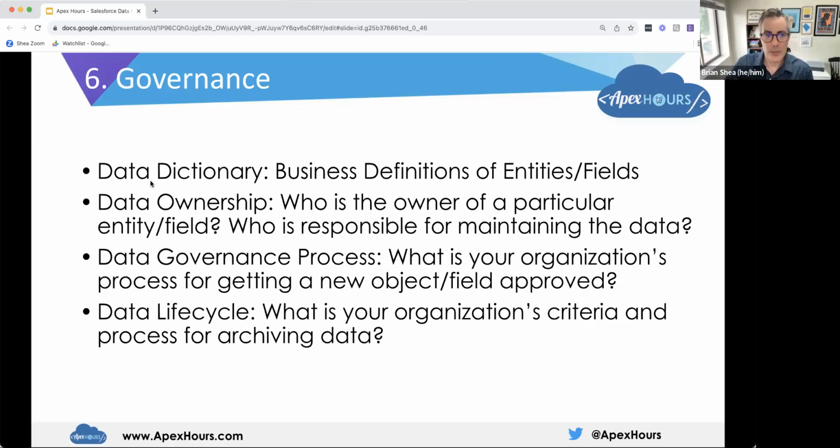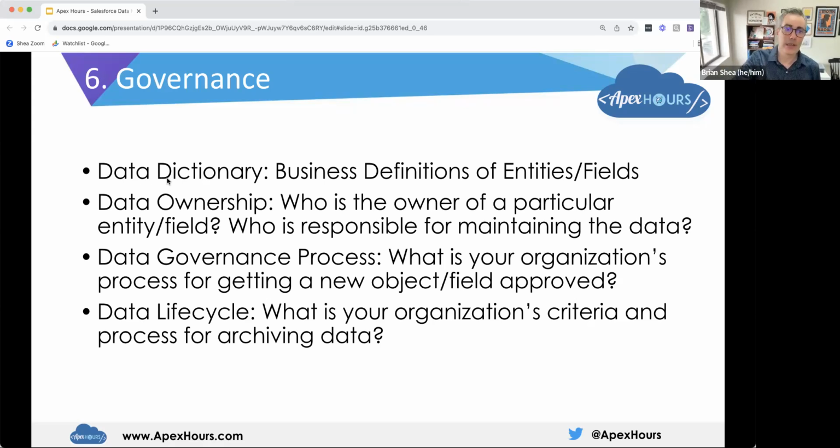I mentioned too, in terms of data dictionary, that there's different models with a data dictionary. In an ideal world, this is not just something that IT maintains and has, it's something that the business has access to and can see.